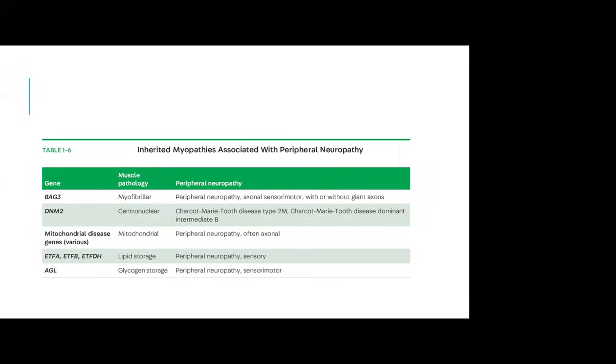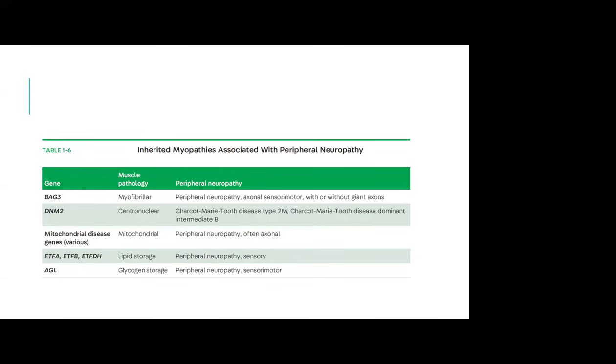Then inherited myopathies associated with peripheral neuropathies. So, like the myofibrillar myopathies and centronuclear myopathies, they can also have some peripheral nerve involvement. The common examples are myofibrillar, which has a peripheral neuropathy, axonal sensory motor with or without giant axons.